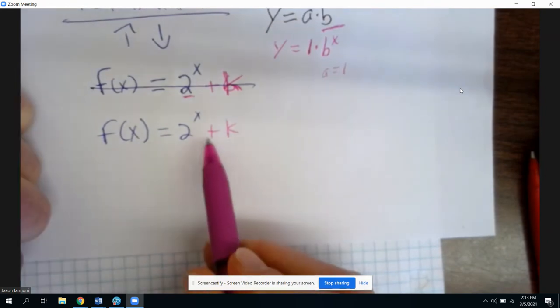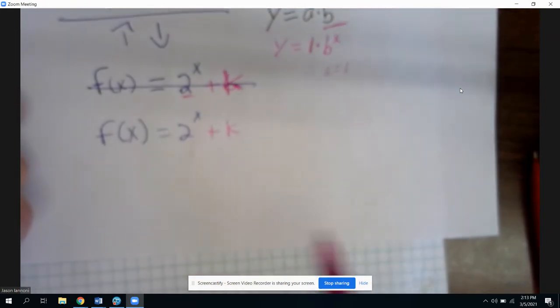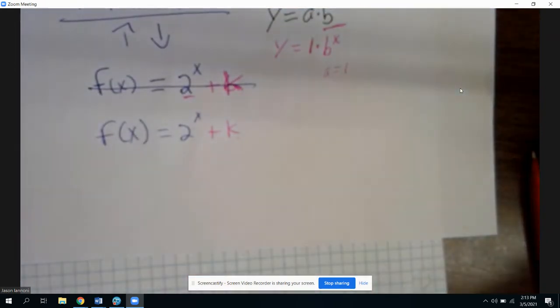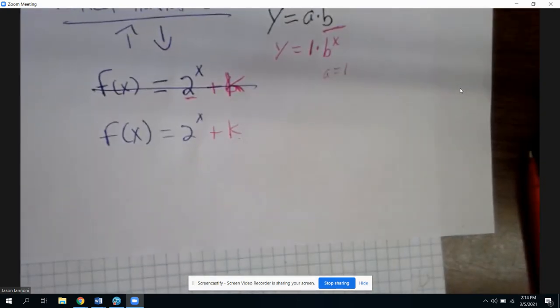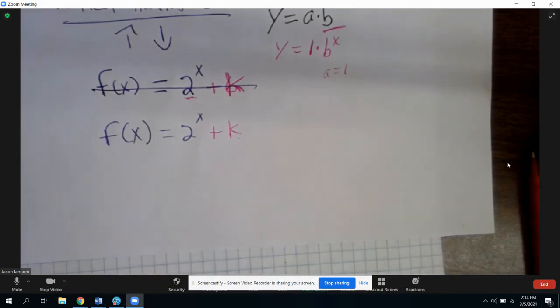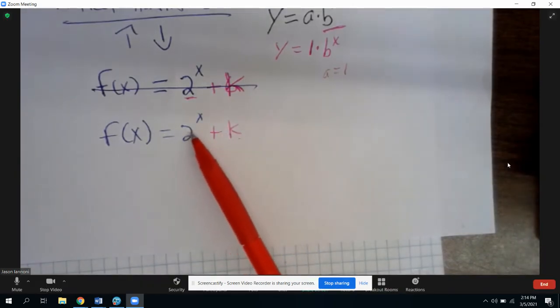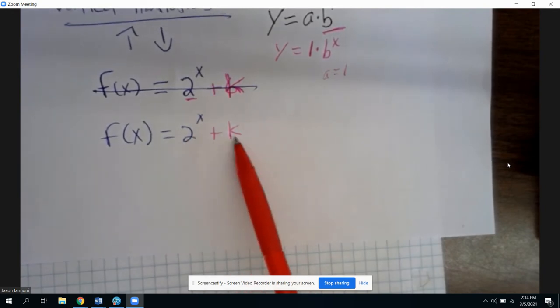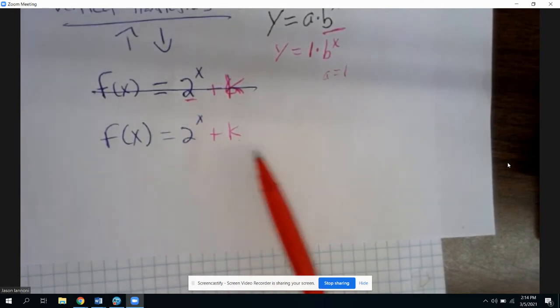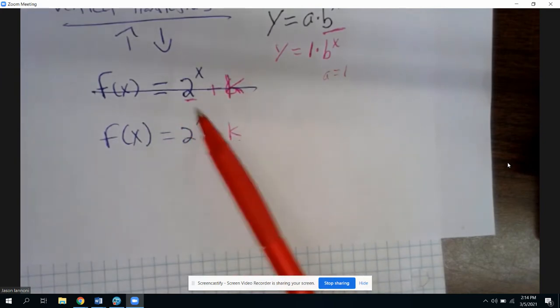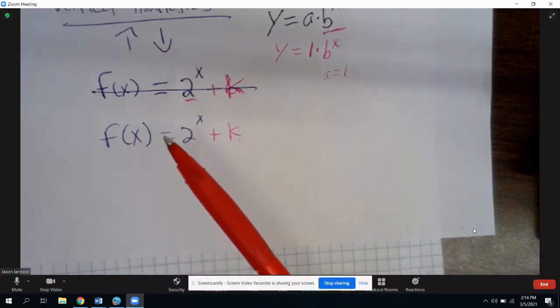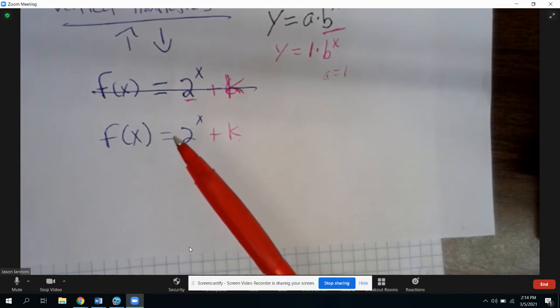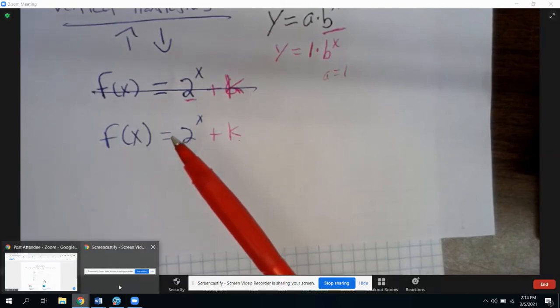It's a plus, but it could be a minus. So you go from having f of x equals 2 to the x plus k, and you add or subtract something in the base. So it's still one of the big numbers down here. It's not doing anything to the exponent.